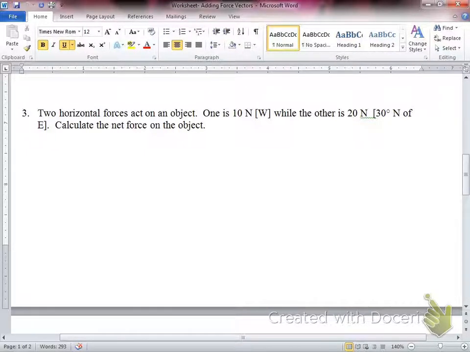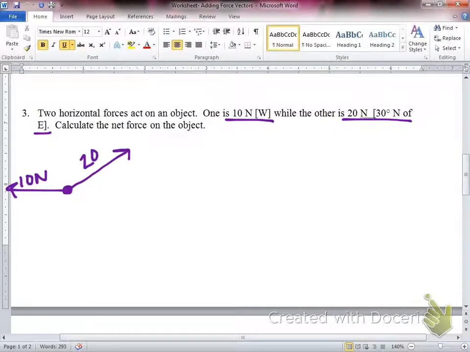So let's go ahead and draw our free body diagram here. One is 10 newtons west, the other is 20 newtons, 30 degrees north of east. So we're going to draw our free body diagram. 10 newtons west. And our other is 20 newtons at 30 degrees north of east.